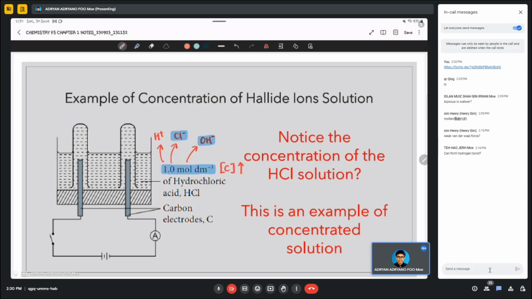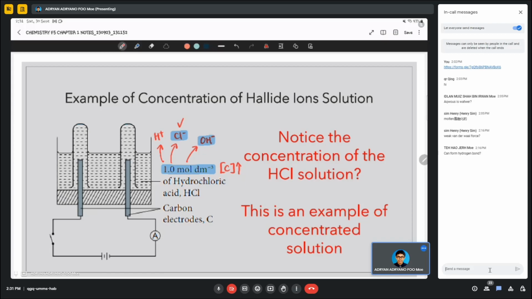Whenever the concentration is high, I will choose the Cl minus, the other anion. So this is what it means by high concentration affecting the anion discharge at the anode.